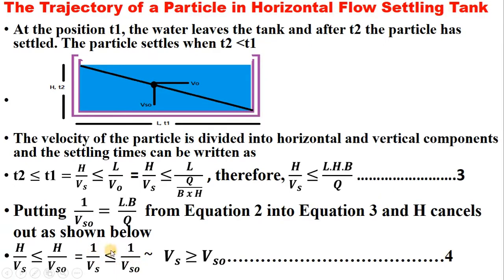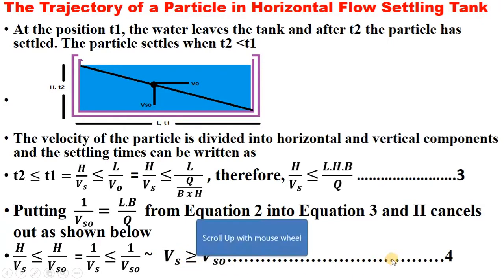So if we cross multiply, this one going to multiply 1 here, which is Vs naught, this one going to multiply 1 here, which is Vs. So it means that Vs naught is less than or equal to Vs, which still implies that Vs is greater than or equal to Vs naught.